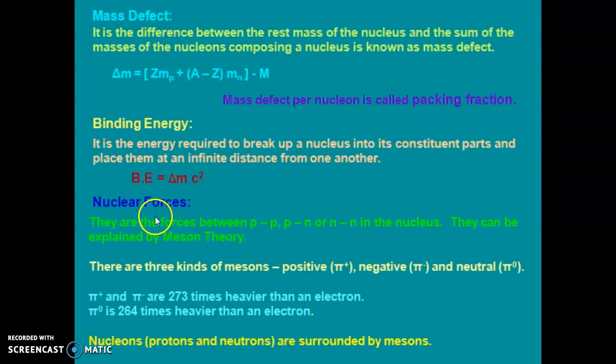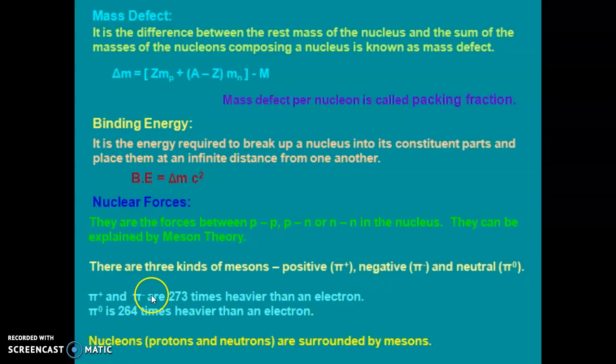What are nuclear forces? These are the forces between proton-proton, proton-neutron or neutron-deuteron in the nucleus. They can be explained by Meson theory. There are three kinds of mesons: positive meson, pi positive; negative meson, pi negative; and neutral, pi 0.